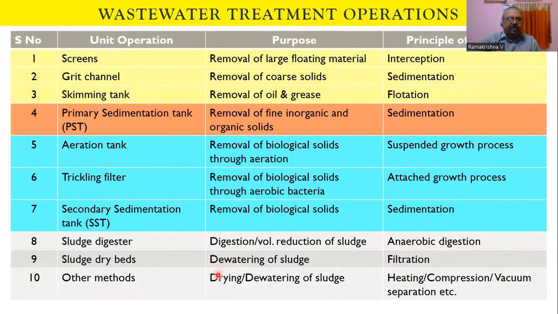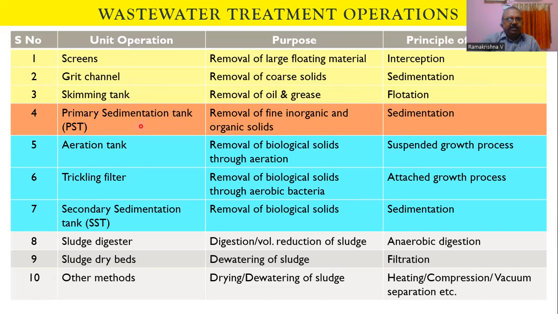Now you see here in this mechanism, the unit operation screens are mainly used for removal of large floating material. The principle of operation is interception. Grit channel: removal of coarse solids by sedimentation. Skimming tank: removal of oil and grease by simple flotation.